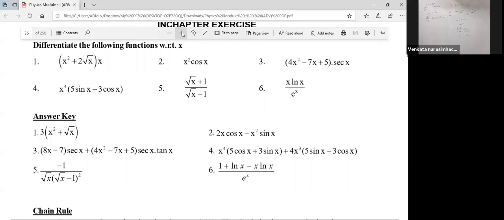So differentiation of e^x and ln x would be done in the next class.